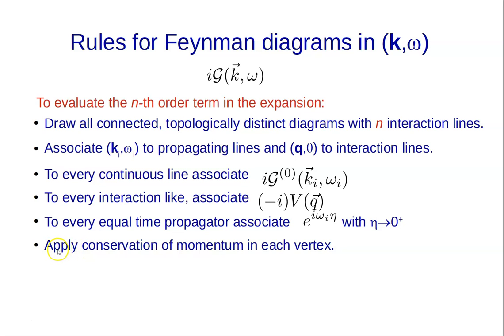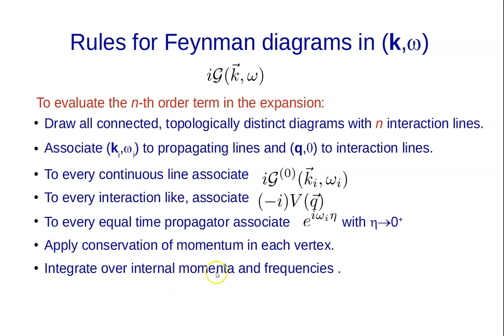Most importantly, you apply the conservation of momentum at each vertex, and that will give you delta functions that will eliminate many of the coordinates that you associated here, all right? And after that, you integrate over all momenta and frequencies. So the delta functions will make your life much easier when you conserve momentum.